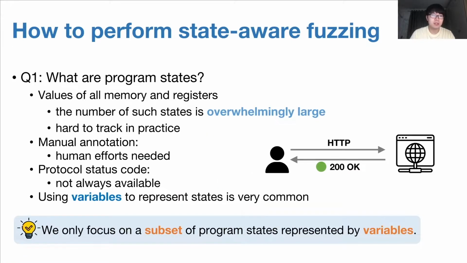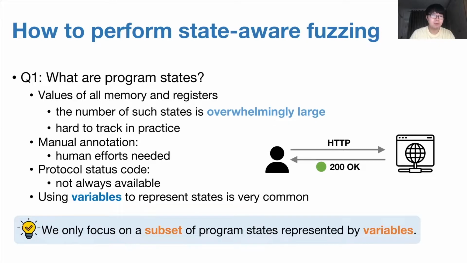For the first question, essentially a program state is the execution context of a program, including values of all memory and registers. However, the number of such states is too large, and it is hard to track them all in practice. Thus, we believe that a practical fuzzer has to focus on a subset of program states.